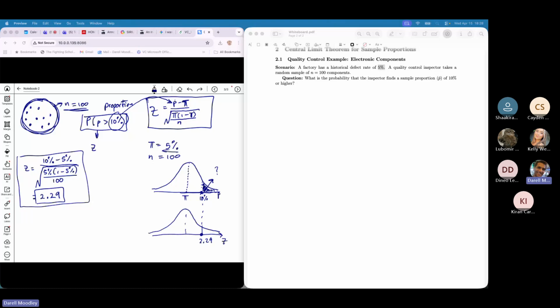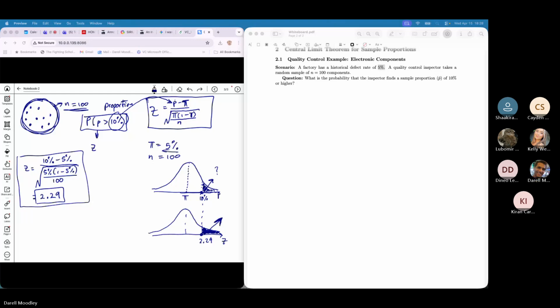So you need to find this area here, just like what we did earlier. Okay, you go to the back of your table and you want to work out this area here where z is 2.29.